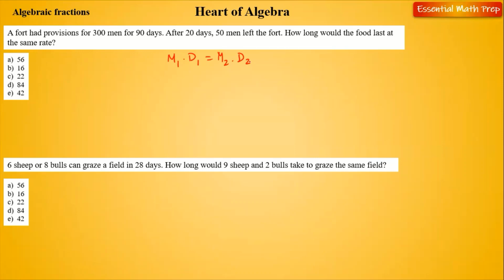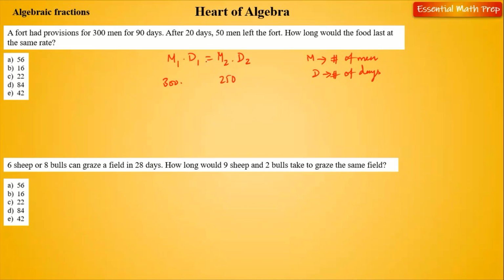And so M corresponds to number of men, and D corresponds to number of days. At the start, we have 300 men. After 20 days, we have now 50 men short. That means we have now 250 men, right?